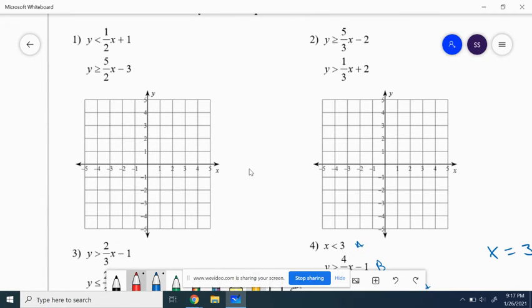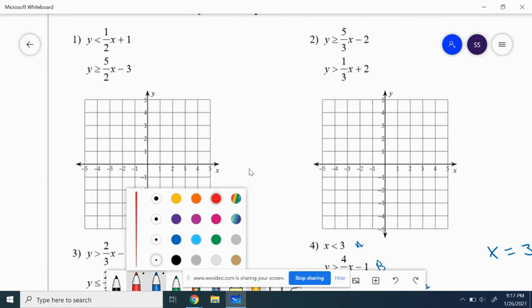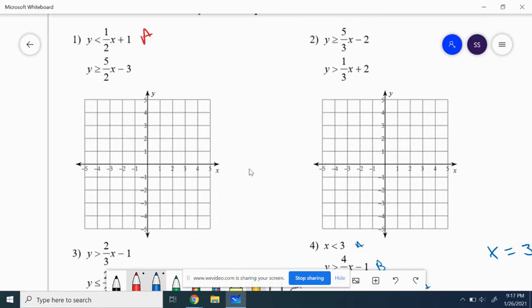I'm going to pick a color for each. So this will be line A, and then I'll use a different color for the second line. Let's plot it out. Y-intercept is 1, slope is 1/2, up 1 over 2, up 1 over 2. You can always go down 1 over 2, down 1 over 2.